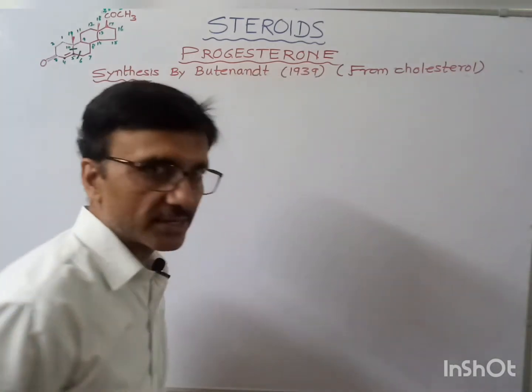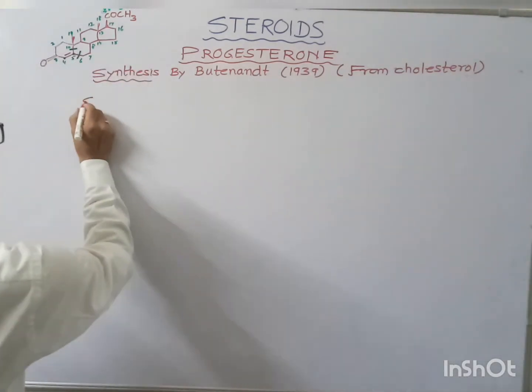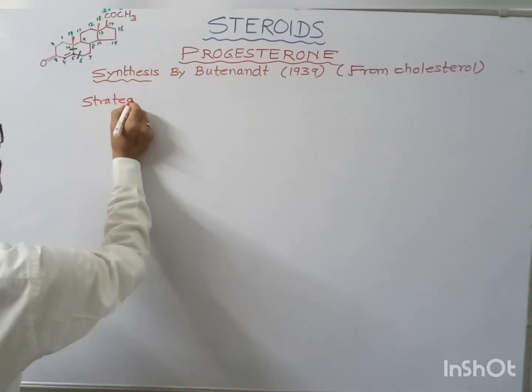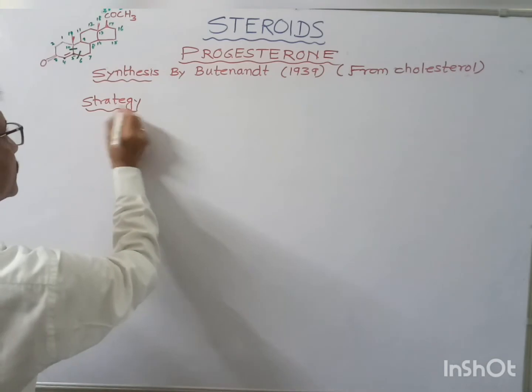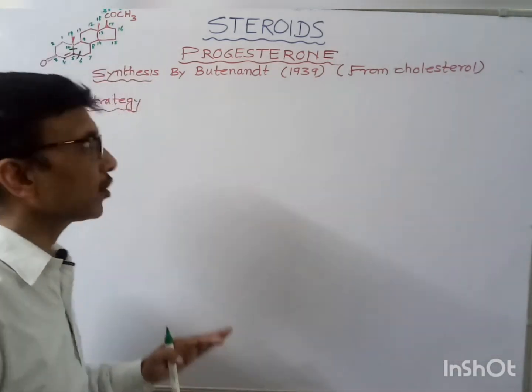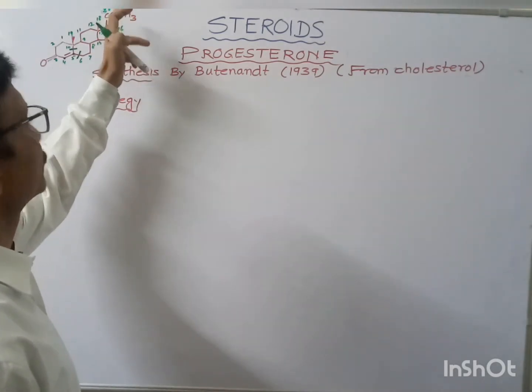So what was the strategy that was followed? Strategy for the synthesis. One of the strategies: we know that cholesterol contains a side chain at the 17th position.